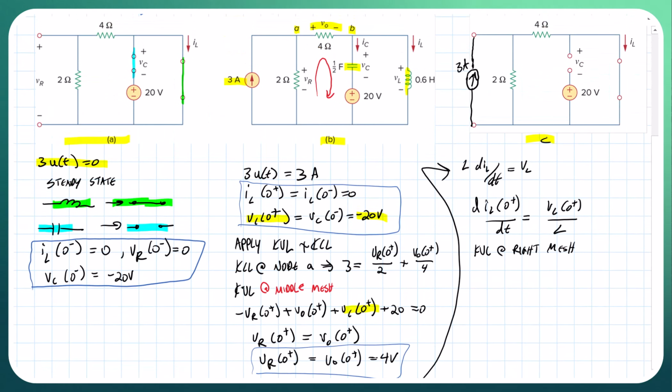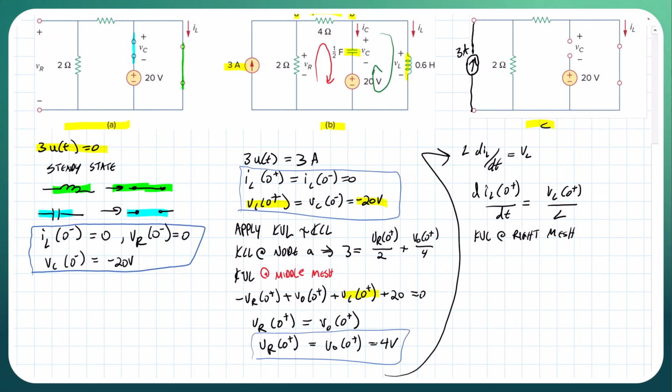We come back here and we can apply KVL across this mesh, and from there we get VL at 0 plus equals VC plus 20. All this should be 0, and then we can rewrite this as dIL at 0 plus over dt equals 0.